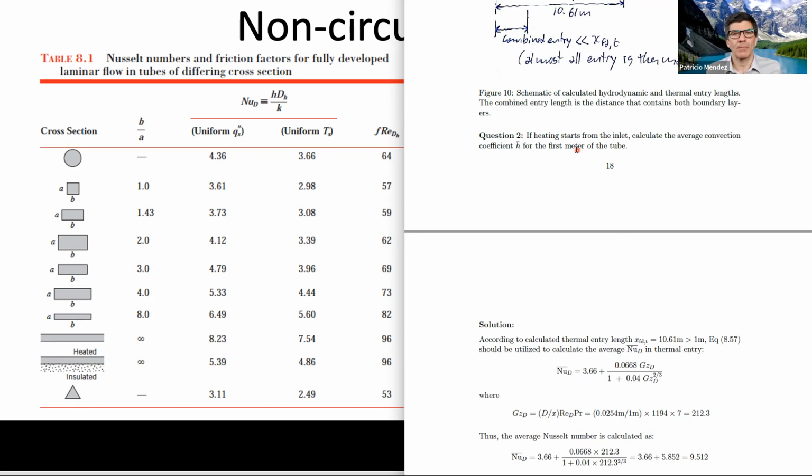Does anybody remember if in the entry length, the convection coefficient is higher or lower than in the fully developed flow? Anybody remembers if convection heat transfer is more intense at the entry or less intense at the entry, or the same? Anybody wants to say something in the chat?